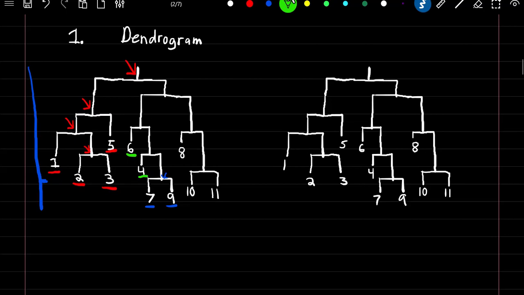So by the time it gets to observation 6, we can no longer say that it's the most similar to observation 4, even though it's nearest in height, because it's already grouped with observations 4, 7, and 9. So we can say that observation 6 is no more similar to observation 4 than it is to observation 7 and observation 9.